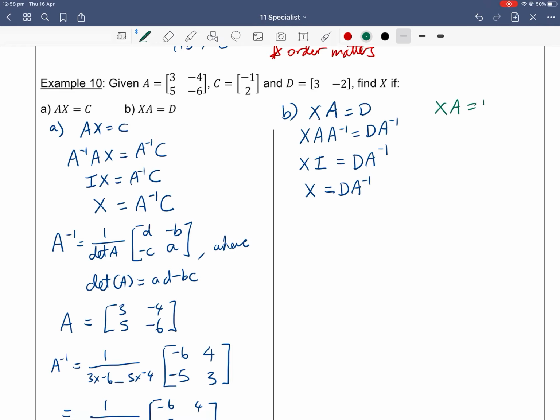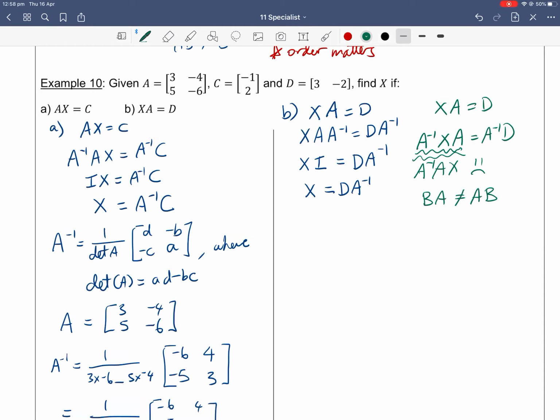Just a little side talk. So you're thinking, okay, suppose I had XA equals D. Why can't I multiply A inverse from the left? Well, if I go A inverse XA equals A inverse D, I really can't do anything about this because I can't just swap the order of the A and the X around. I can't just magically swap this around, right?